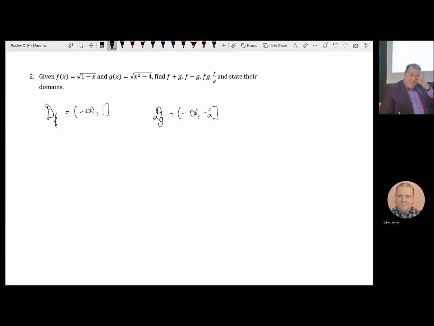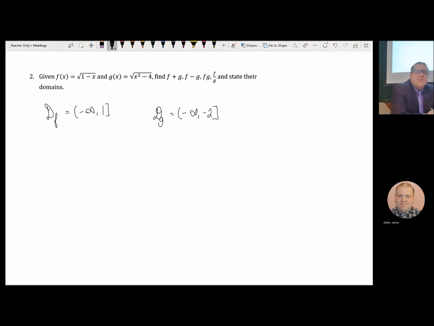There is negative infinity, open, to 1. That's because 1 minus 1 is 0. What's 1 minus 2? Negative, which you can't have. But 1 minus 0 is 1.